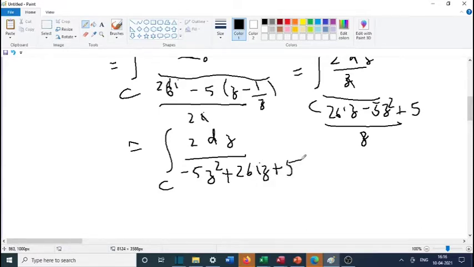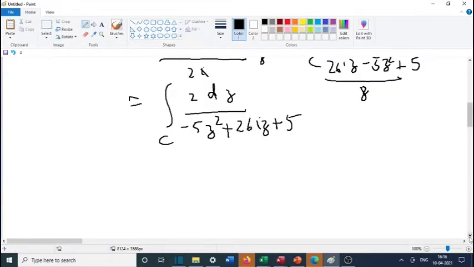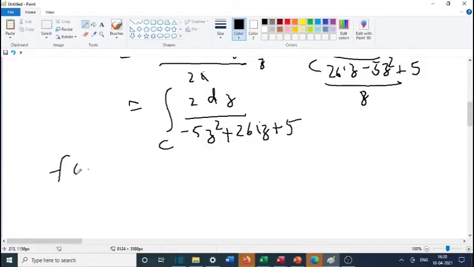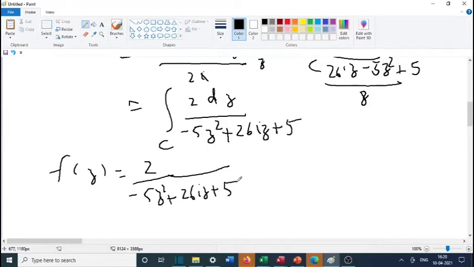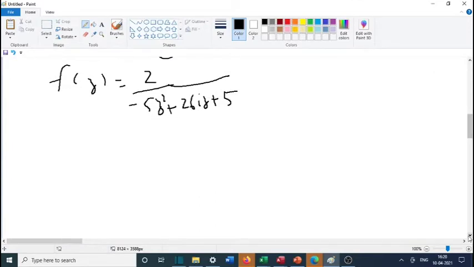Now we have to find the residue of this. For that, take f of z equal to 2 by minus 5 z square plus 26iz plus 5. Now we have to find the singularities of this f of z. For that, factorize: minus 5z square plus 26iz plus 5 equal to 0.